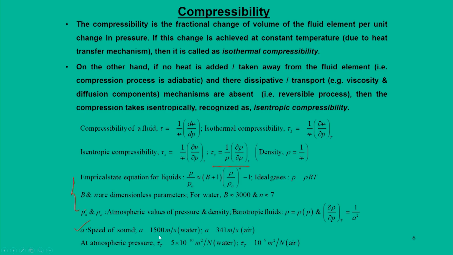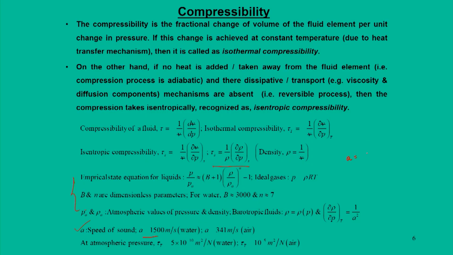Whereas for the speed of sound in water, we can use the square root of gamma p by rho, because p by rho is not exactly equal to r t, and that is only true for the assumption of ideal gas.